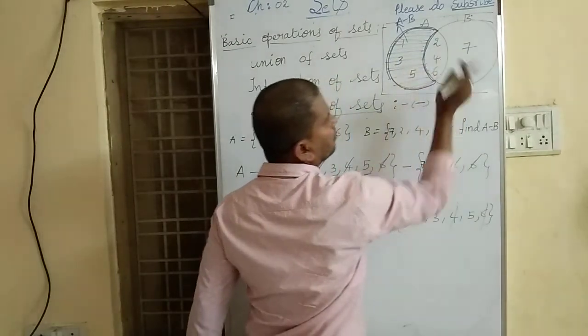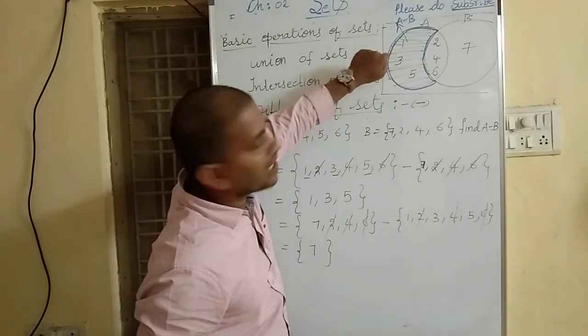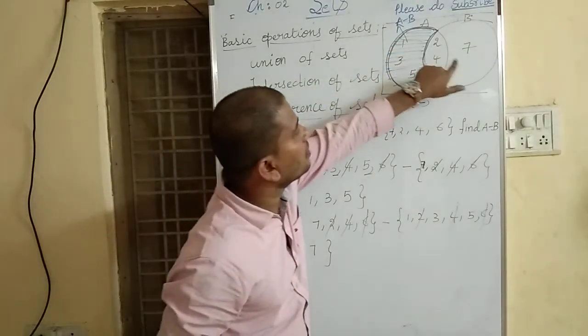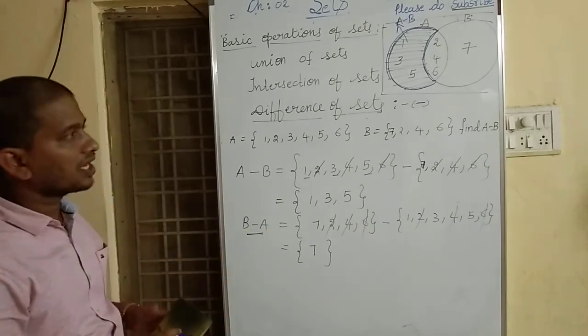This is our A intersection B. Later we will see. A minus B means only A, not in B, and not the common part. Okay? Let me represent B minus A.